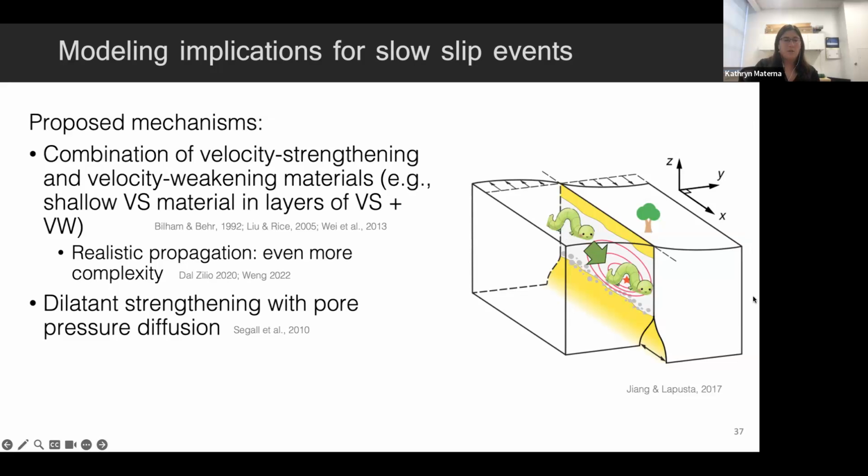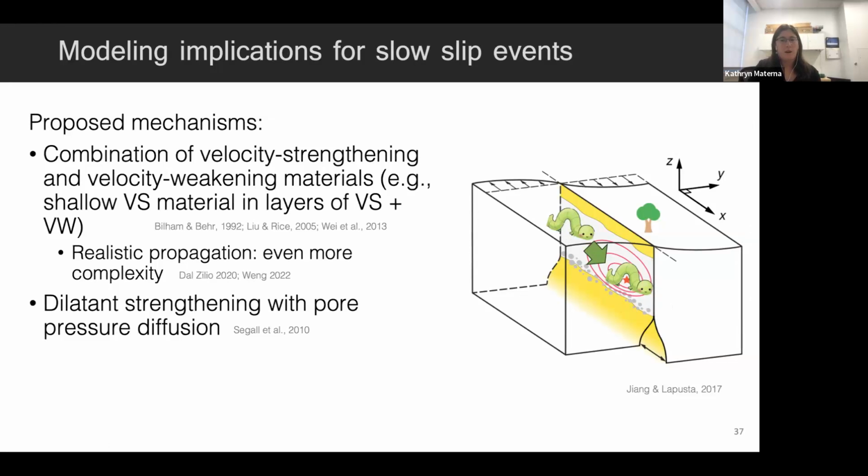Another possible avenue for modeling slow slip events is to use fault zones that include dilatant strengthening and pore pressure diffusion. This has been invoked many times in modeling studies of slow slip events.